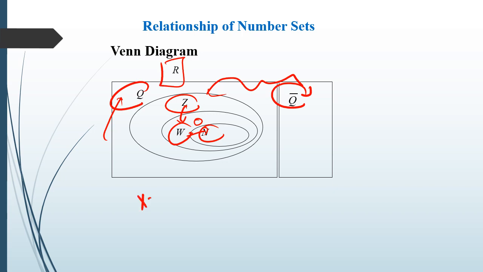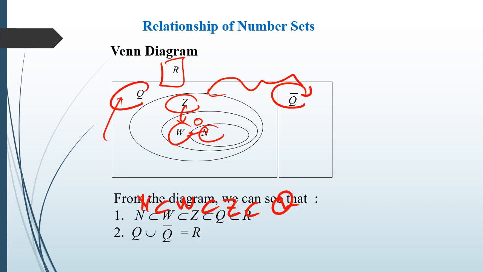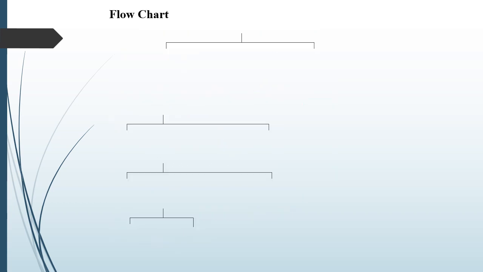That's why natural numbers are a subset of whole numbers, whole numbers are a subset of integers, and integers are a subset of the rationals. And rational union irrational gives us the real numbers. So real numbers divide into two, rational and irrational.